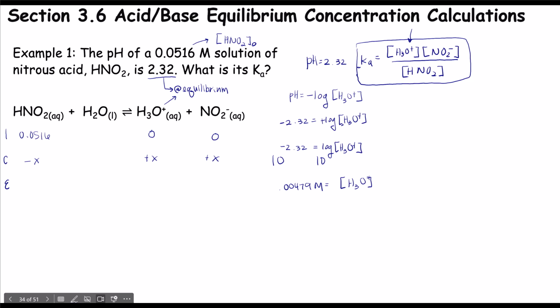At equilibrium, you add this all up: 0.0516 plus the minus X, which is just minus X. 0 plus X is just X. 0 plus X is X, okay?